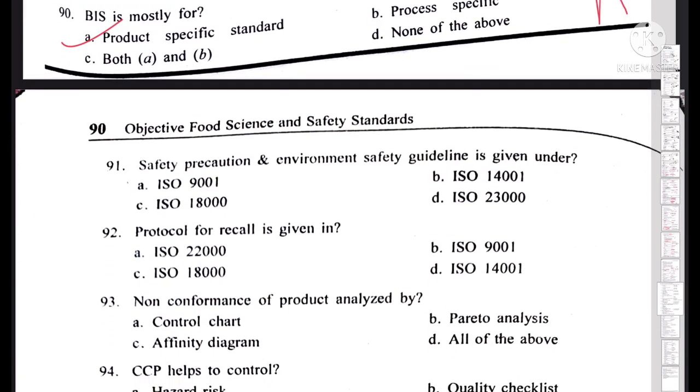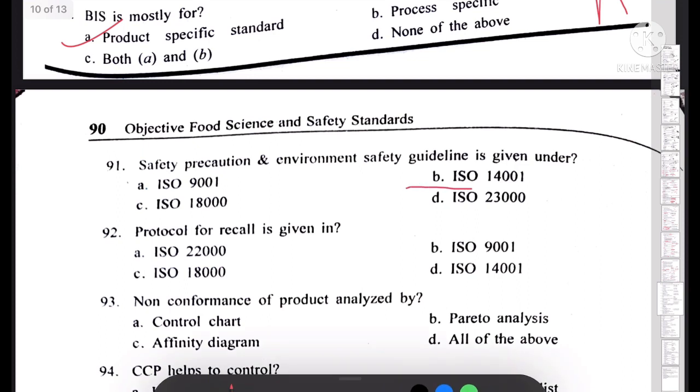Next, safety precaution and environment safety guideline is given under ISO 9001, ISO 14001, ISO 18000, or ISO 23000. So the correct answer is that safety precaution and environment safety guideline was given under ISO 14001.